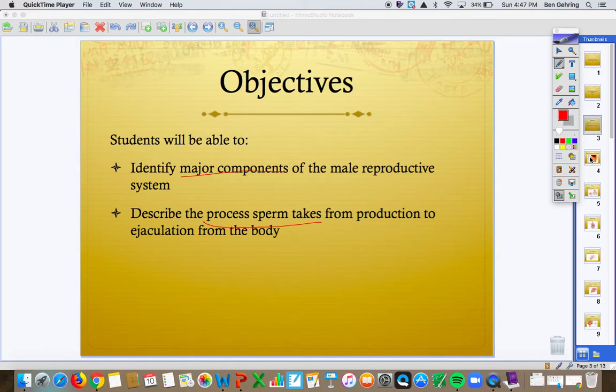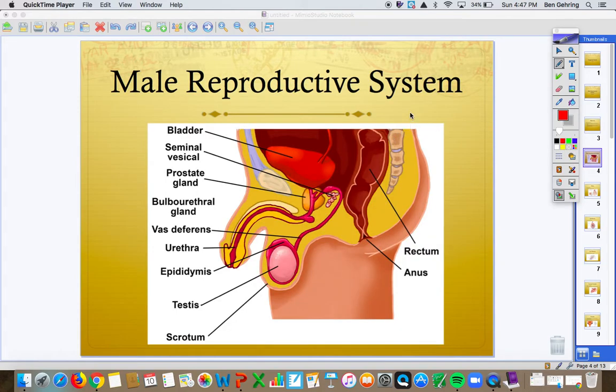There are a number of steps in this, so let's get started. This is an overarching overview. The entire reproductive system is shown in this diagram. We have the testes, which are held within the scrotum, which is just a pouch or sac of skin that extends away from the body. Attached to your testes are the epididymis.